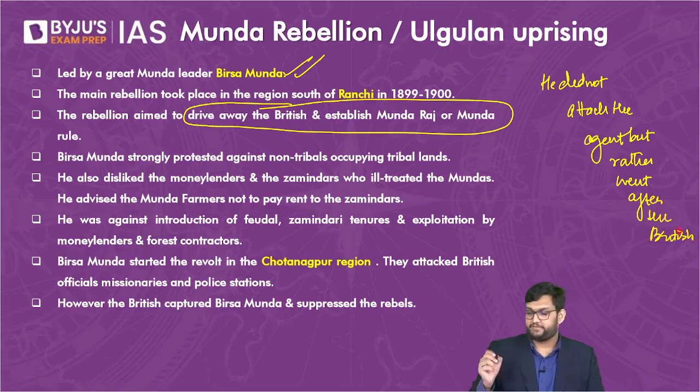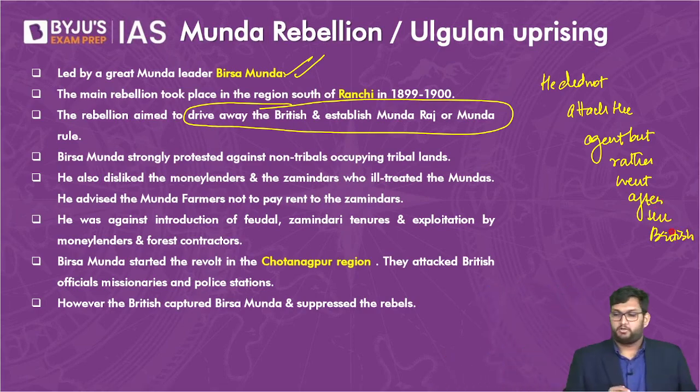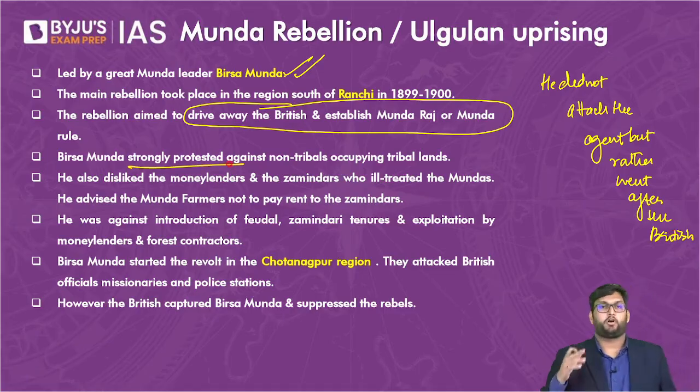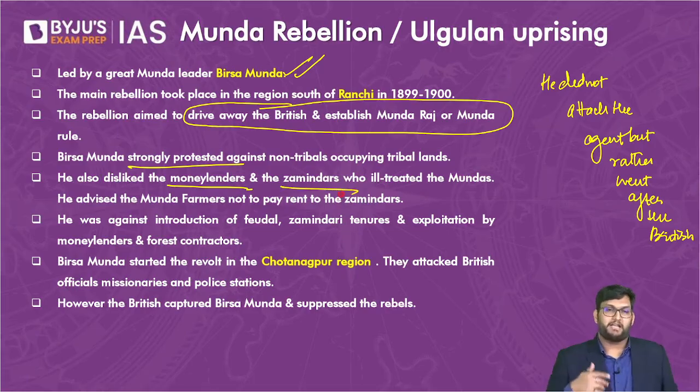He said that enough is enough, we need to remove the British only. So he strongly protested against non-tribals coming and taking tribal land. He disliked the moneylenders and the zamindars who were ill-treating the Mundas. He advised the Munda farmers not to pay rent to the zamindars. He was against the zamindari tenure and the exploitation by moneylenders and forest contractors.